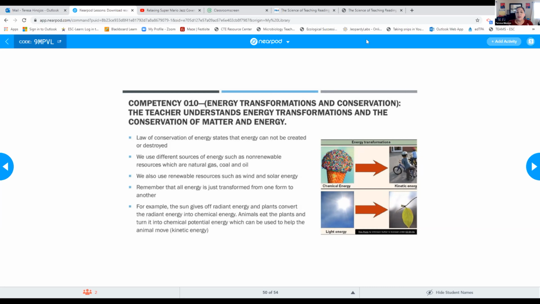And all of them can be turned from one thing into another. An example, which I mentioned earlier, is that the sun gives off radiant energy. Plants convert that radiant energy into chemical energy. Animals eat the plants and turn it into chemical potential energy, which helps the animals move, and that's kinetic energy. So it's a never-ending cycle of transfer.